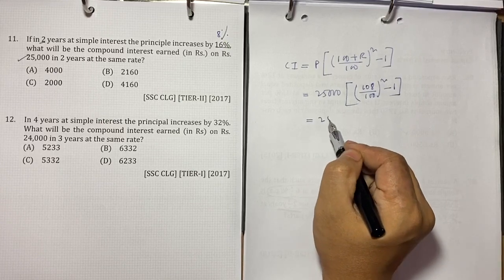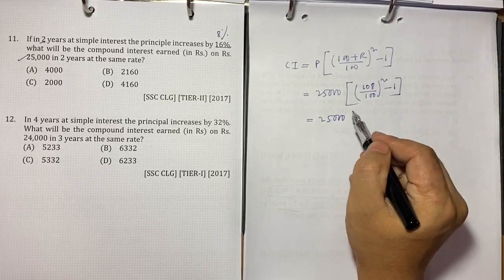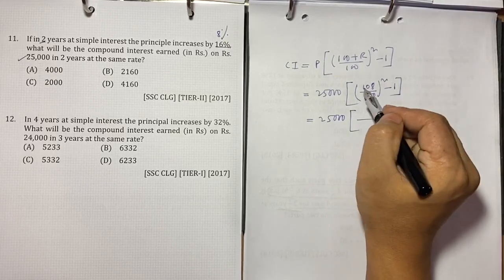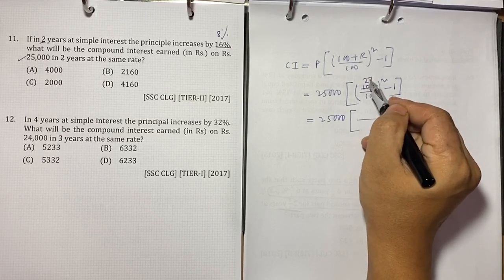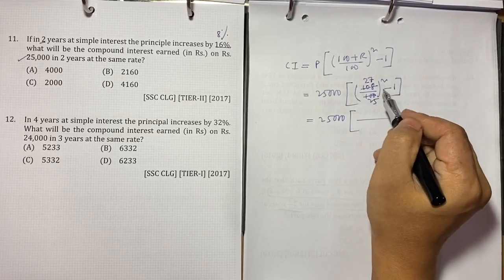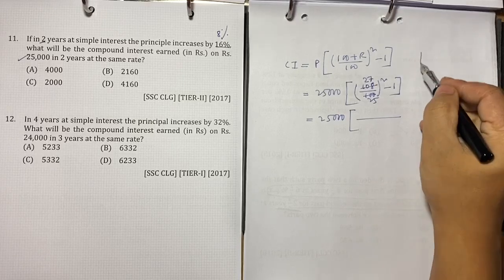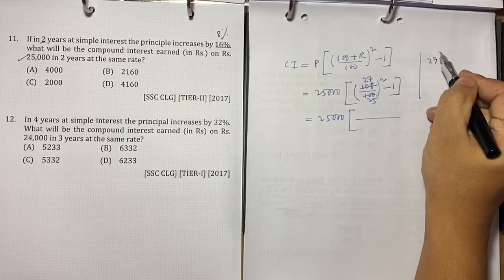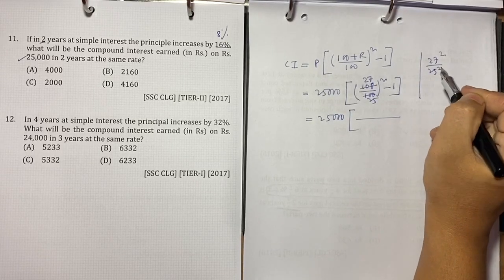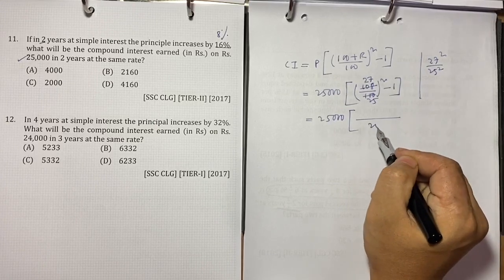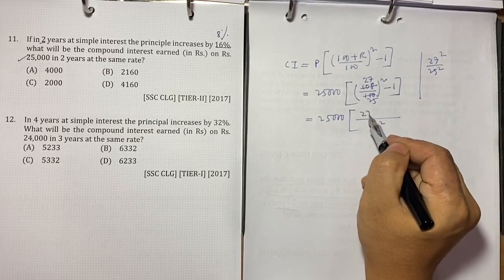This becomes 27 square divided by 25 square minus 1.